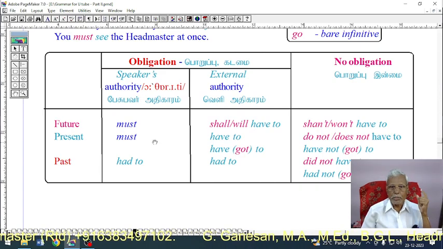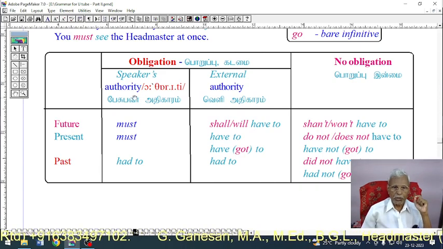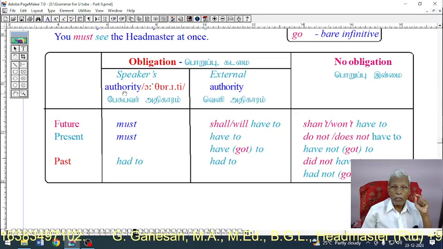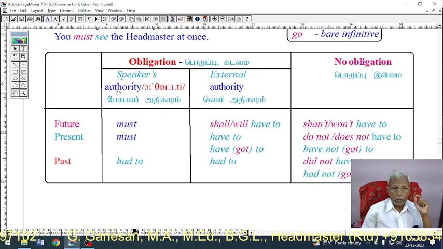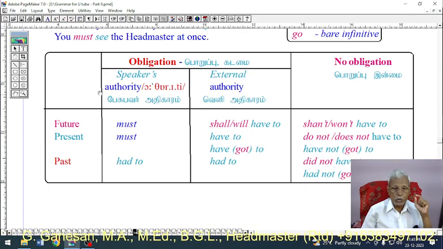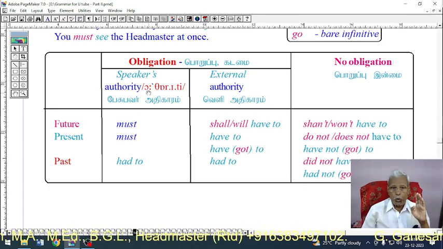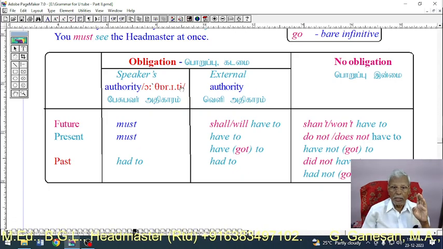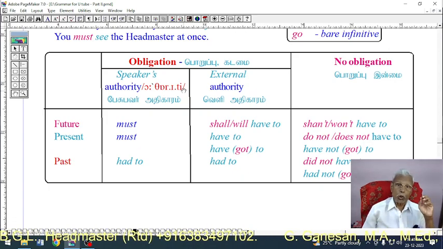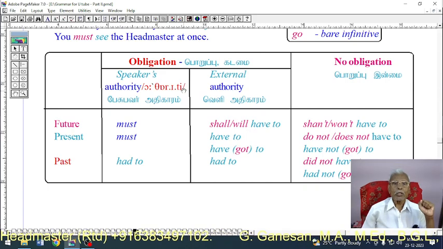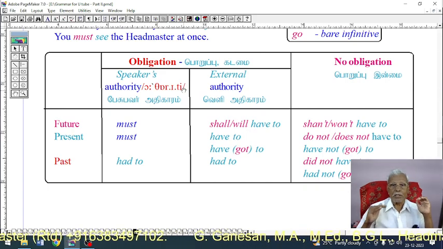Speaker's authority, must. See, dear students, this word AUTHORITY should be pronounced as authority, it has 4 syllables. But we are normally pronouncing it as authority.